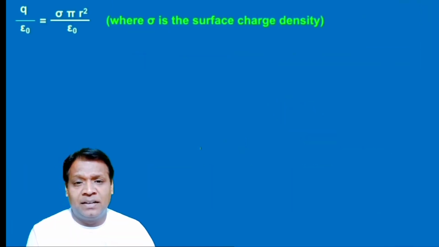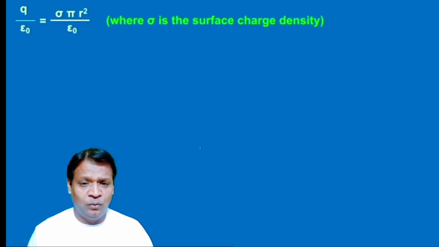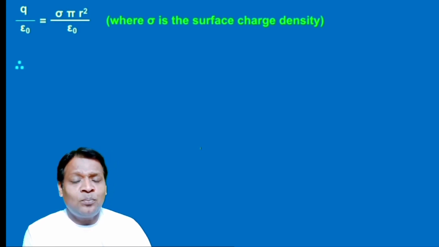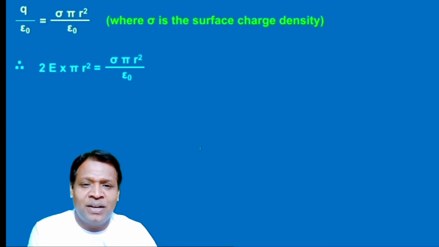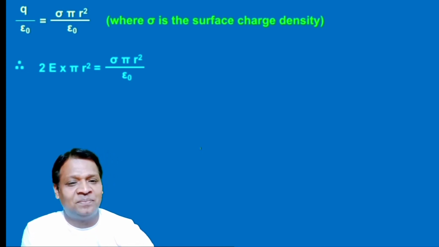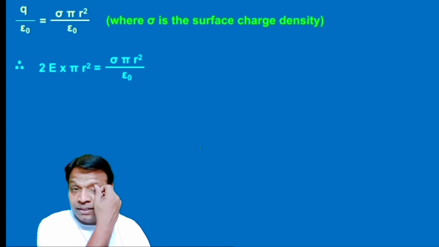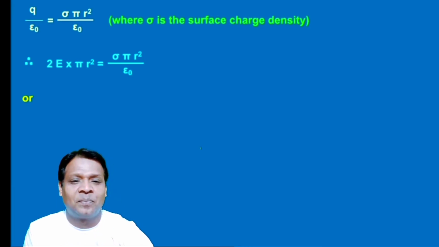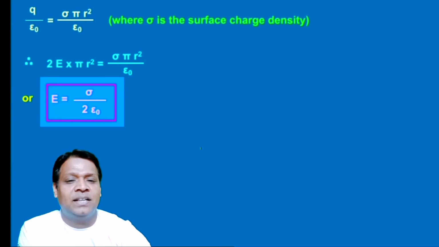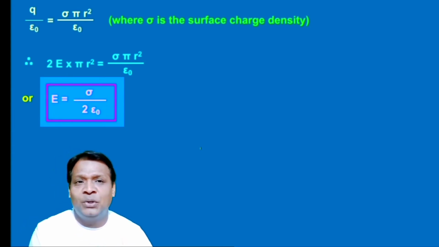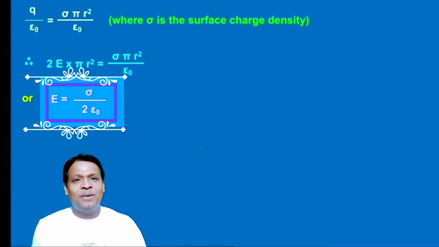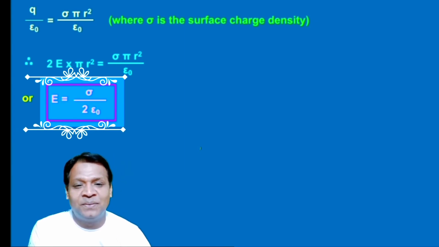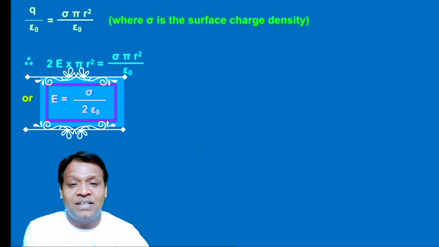By Gauss theorem, the flux is q upon epsilon naught, which is equal to sigma into pi r square upon epsilon naught, where sigma is the surface charge density. That is quite obvious. So therefore our expression becomes 2E into pi r square is equal to sigma pi r square upon epsilon naught. Now the pi r square should cancel out.